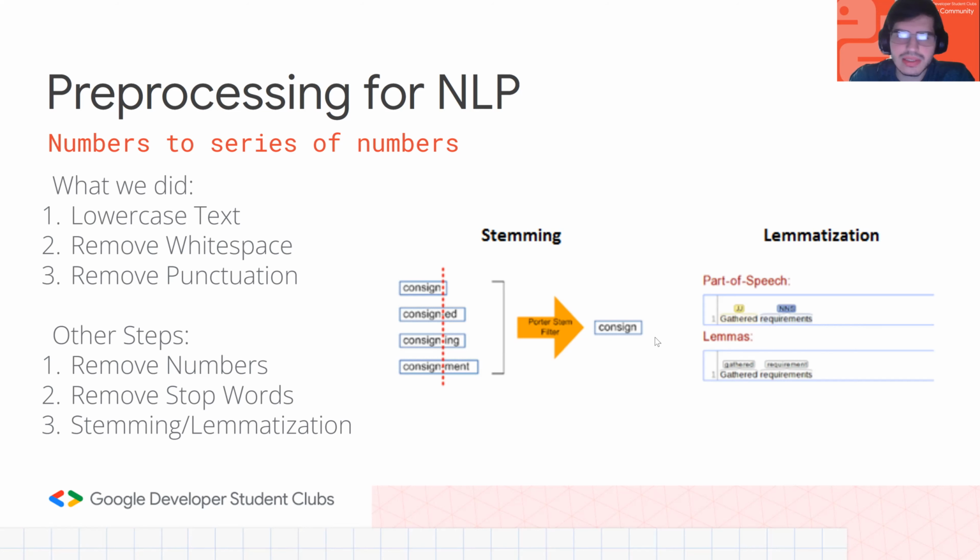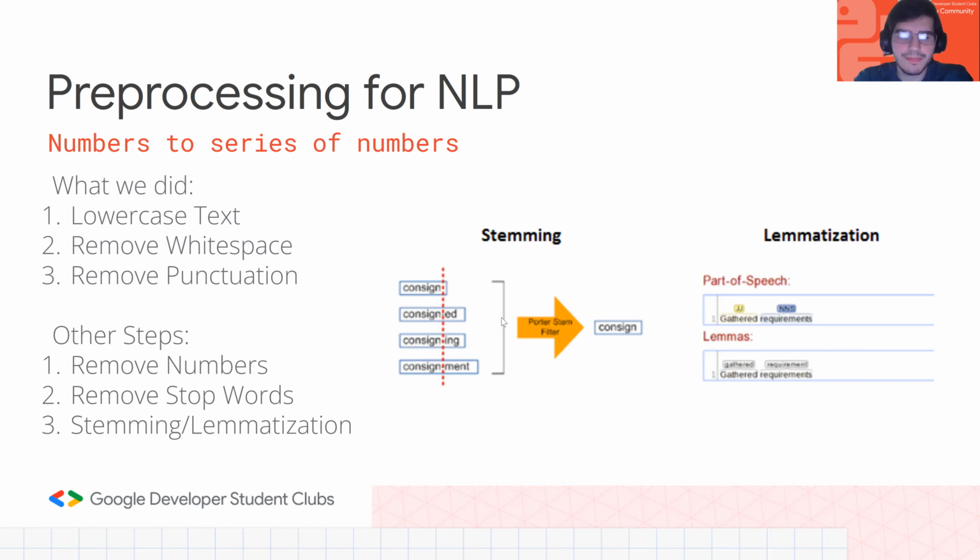But in lemmatization, you're not trying to get this word right here. You're trying to get the word that stems from it. So let's say this word was better instead of consign. The root word of better is not better itself, but good. It stems from good. So it would go from better to good.